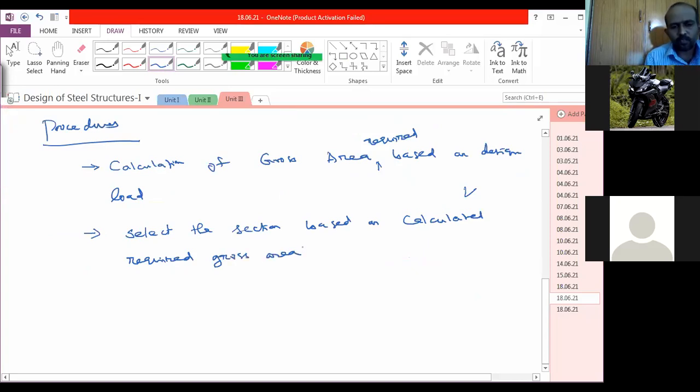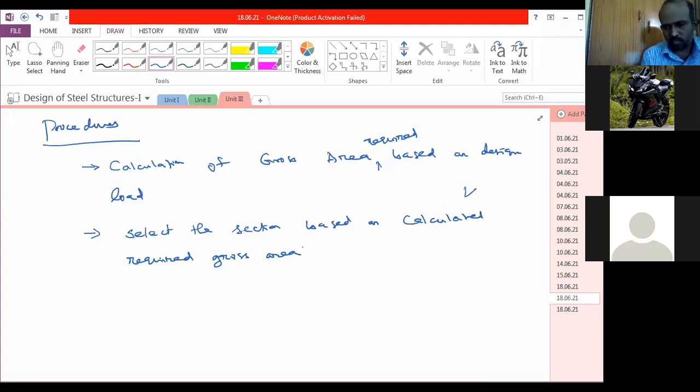This is a fundamental in the design. If you are designing a tension member, or a compression member, or any design, first of all you have to calculate how much area is required. So based on the required area, you have to select some section. That is a fundamental in the design.